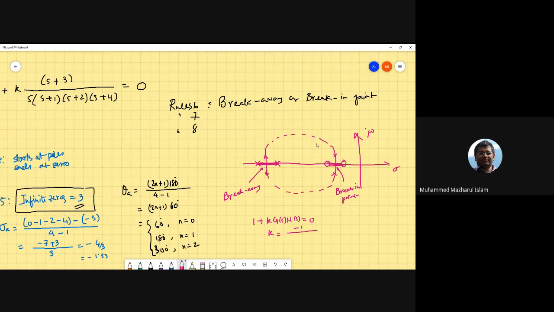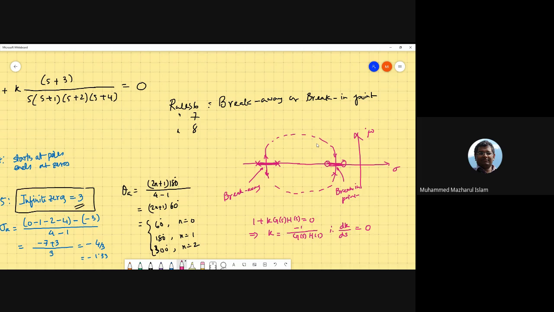So if I subtract 1 from both the sides, and then divide by G and H, I'll have this one, right? Now from this, you have to differentiate this and equate this to 0. And we'll get the solutions of this equation, dk/ds equals 0. The solution of this equation will give us the breakaway and break-in points.